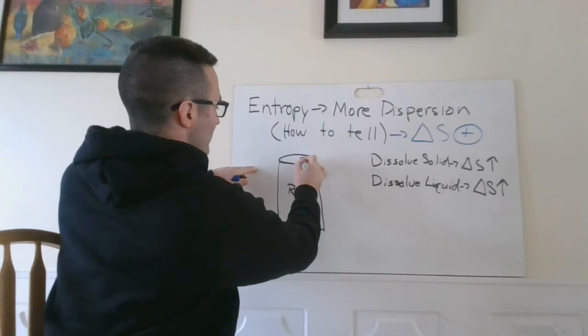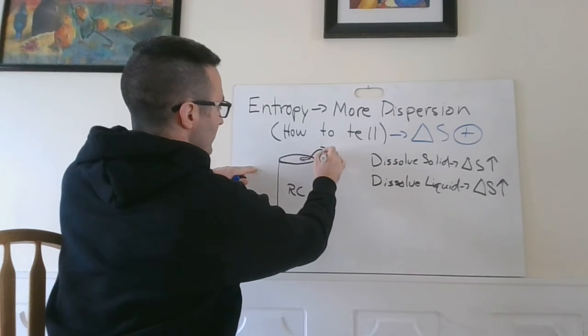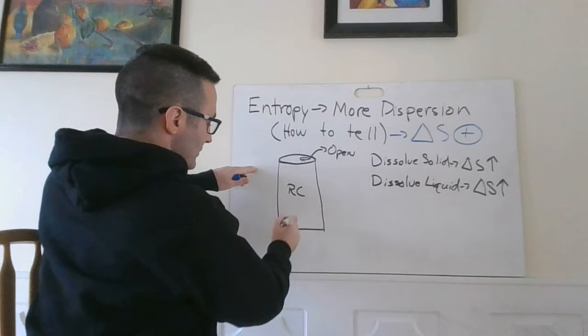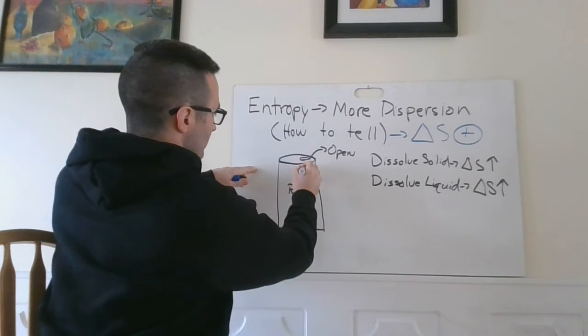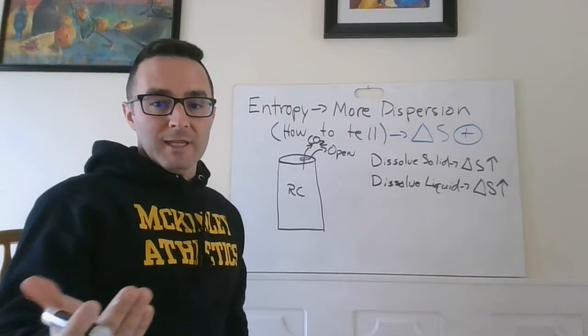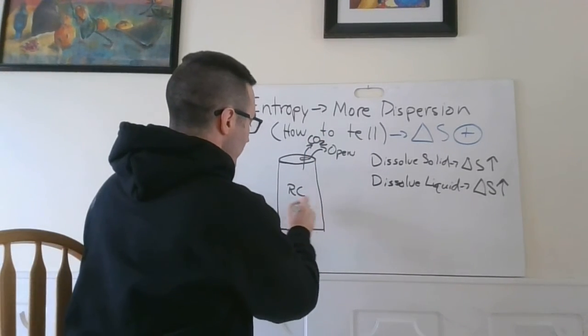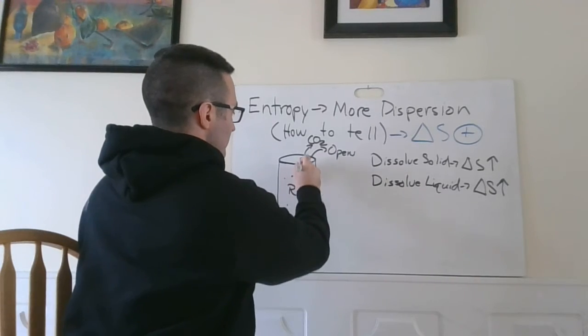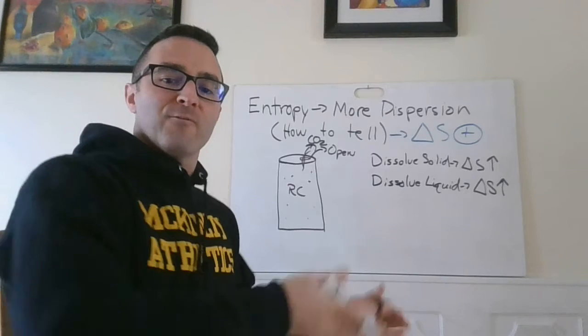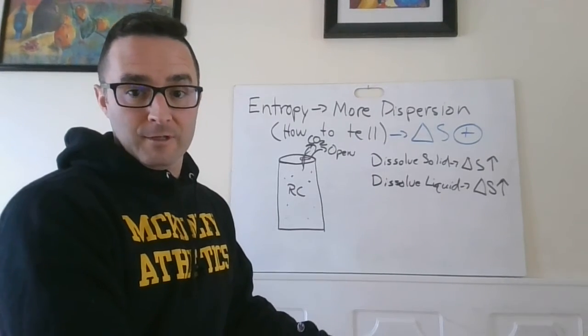So here's the tab. And when that opens, what happens? Your carbonation, CO2, leaves the solution. So all this fizz starts to come out. You have gas that's been forced into that solution.